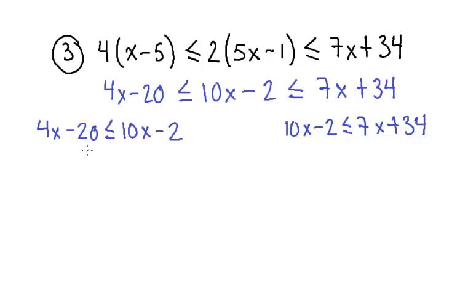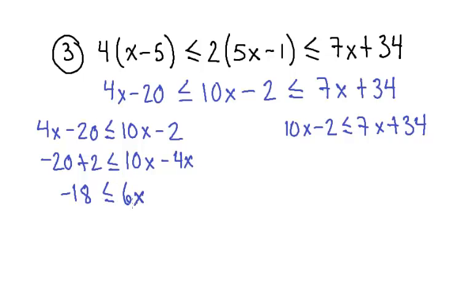We move things in the way that we have to move them. So it will look something like this. We perform the operations. We pass the 6 to divide. And that will give us an answer of -3 in this case. -3 less than or equal to x.